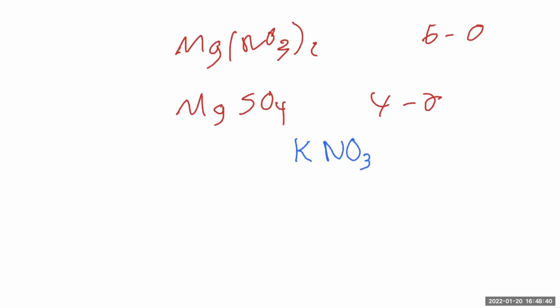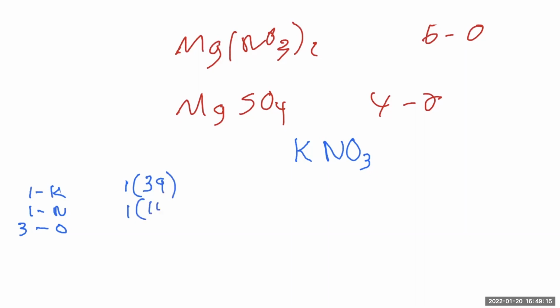So we want the molecular mass. We have 1 potassium, 1 nitrogen. How many oxygens do we have? Oxygen's 3. Right. So we have 1 potassium. Potassium weighs what? 39. Perfect. We have 1 nitrogen. Nitrogen weighs what? 14.